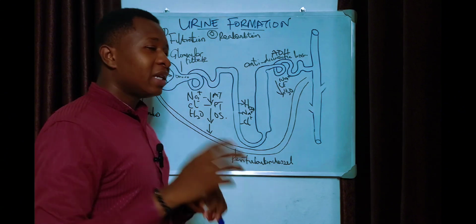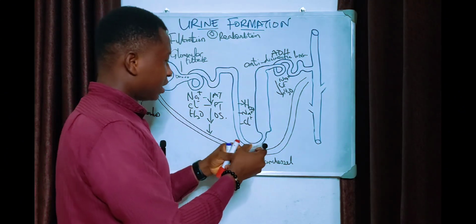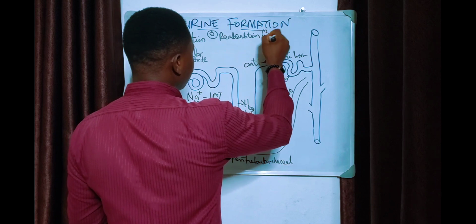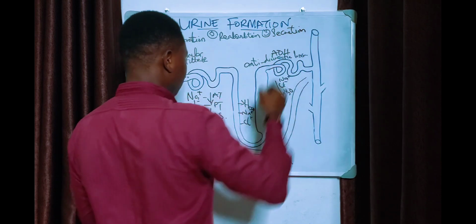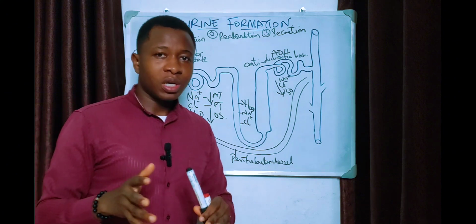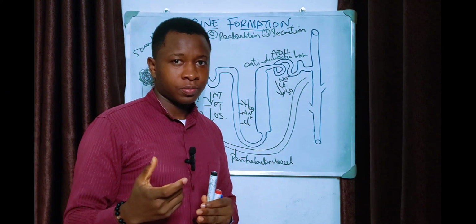So the next thing that happens is what we call secretion. Secretion, let me write that down, which is the third step. Now, secretion is like the opposite of absorption, all right?